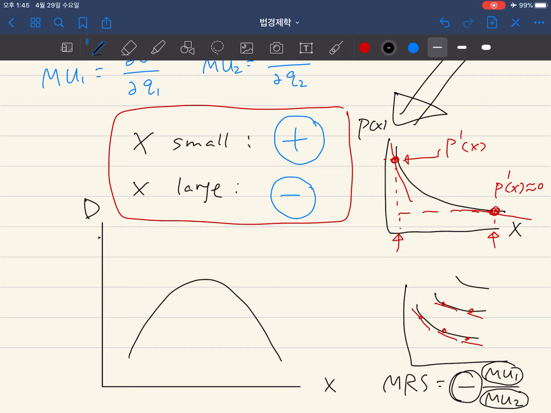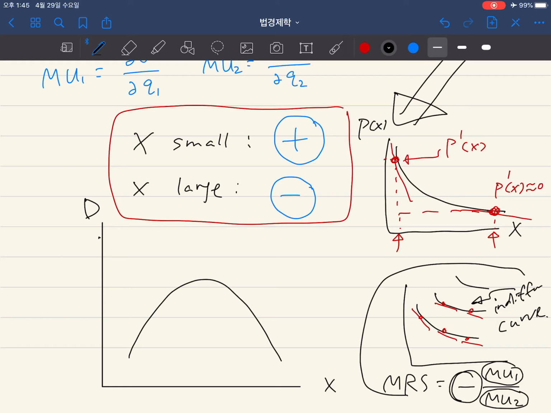So let's give a name for this curve. Remember, in the consumer's utility maximization problem, the name of this curve is the indifference curve. Why this name?